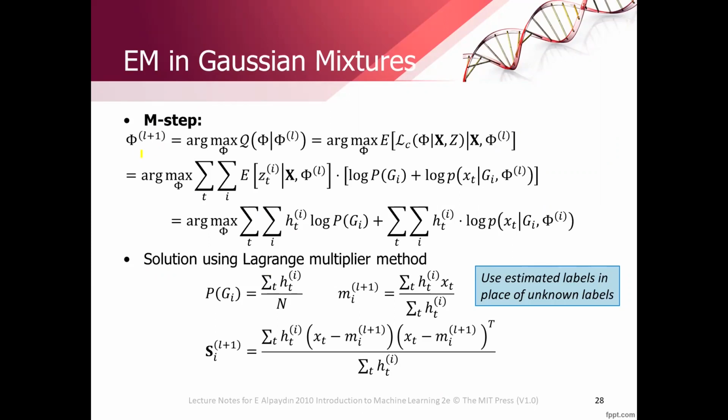So we would like to compute a new set of parameters with superscript L plus 1. And we would like to compute it as the maximum expected log likelihood based on our known set of observations, the previous set of parameters, and now we also have an estimate for all the values z.